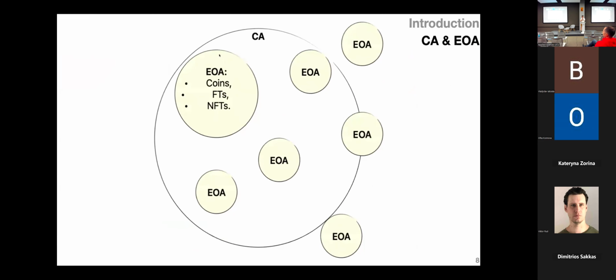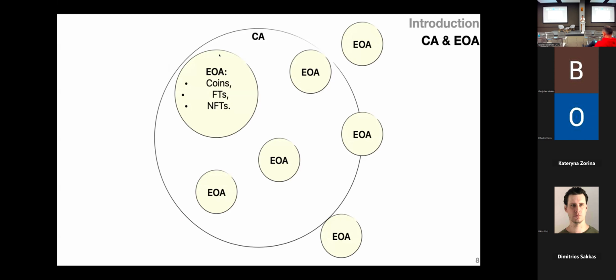Introduction. The figure illustrates the interactions of externally owned accounts with contract accounts. Contract accounts are synonymous with smart contracts. Externally owned accounts are user-controlled accounts on the Ethereum blockchain. Contract accounts can hold coins, fungible and non-fungible tokens.